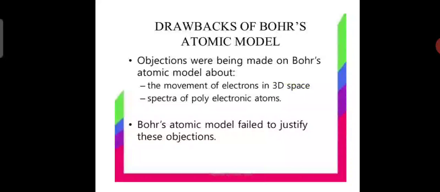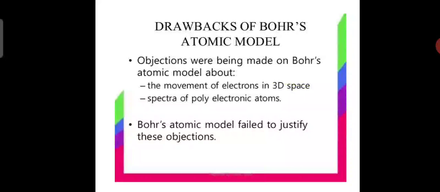Objections were made on Bohr's atomic model about the movement of electrons in 3D space and the spectra of polyelectronic atoms. So yun, yung kay Bohr kasi sabi niya 'di ba, nagmo-move yung mga electrons around the nucleus in what we call as orbits.